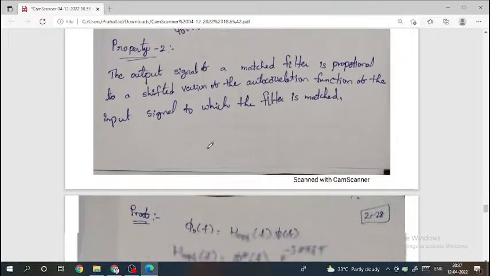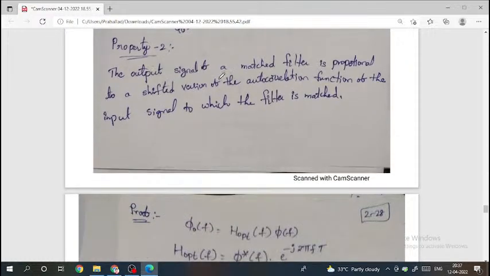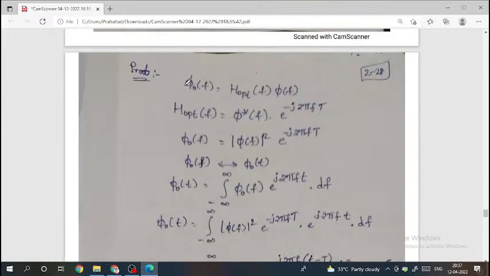Okay. And property 2: the output signal of a matched filter is proportional to a shifted version of the autocorrelation function of the input signal to which the filter is matched. So here you don't have any proof in the textbook. They have given only 2 lines for the proof, so you should go through this material. Same expression we have considered, phi naught of f.